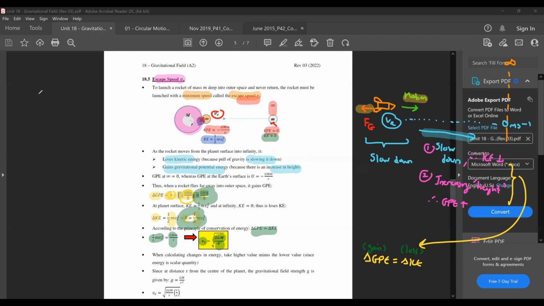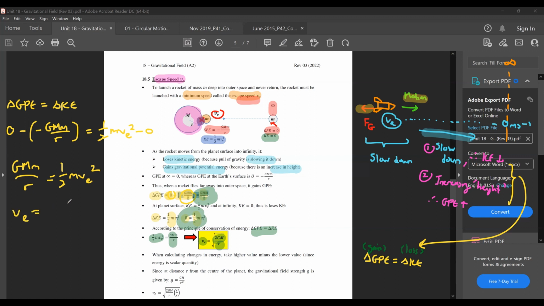Let me write it out in one shot: change in GPE equals change in KE, so 0 minus negative GMm over R equals half m VE squared minus 0. This gives GMm over R equals half m VE squared, so VE is the square root of 2GM over R. This is your escape speed.